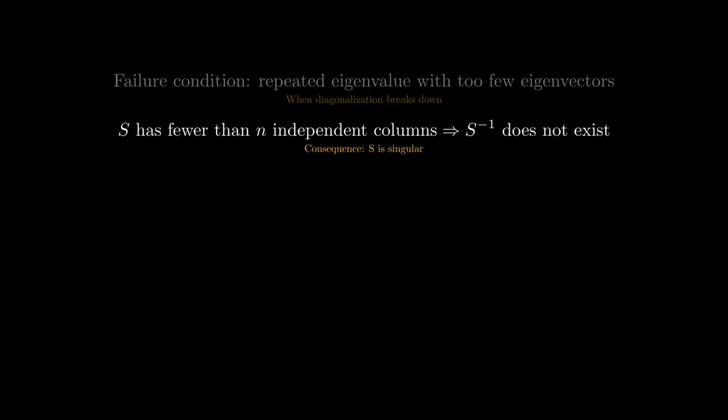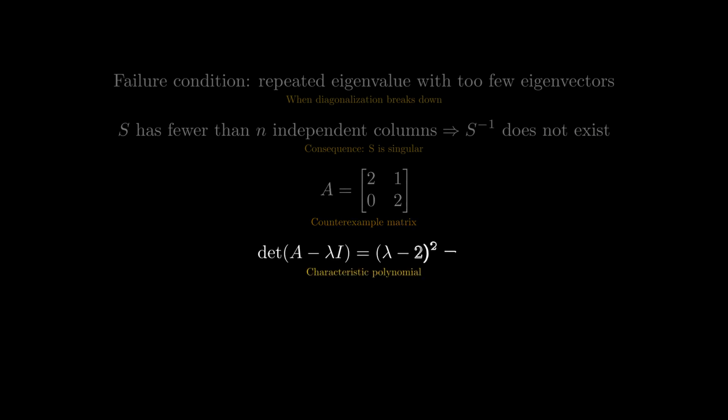So when does this diagonalization procedure fail? It fails when A has a repeated eigenvalue that does not supply enough independent eigenvectors. In that situation, the matrix S ends up with fewer than n independent columns, S inverse does not exist, and A simply cannot be diagonalized. Here is a classic example. Take the 2 by 2 matrix with first row 2, 1, and second row 0, 2.